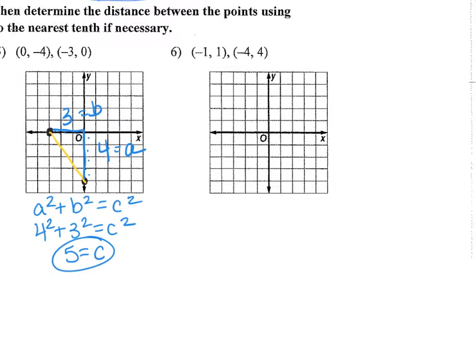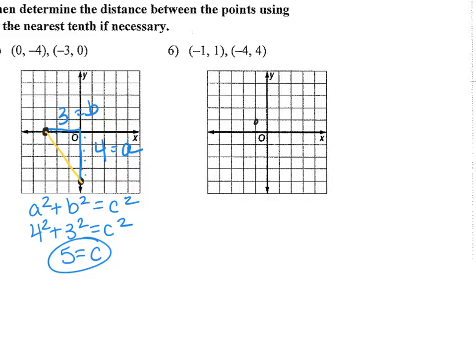Last one, negative 1, 1. Negative 4, 1, 2, 3, 4. 1, 2, 3, 4. We're looking for that. So I want to see what my legs are. Got 1, 2, 3 over here. We'll say this is A. And 1, 2, 3 here.